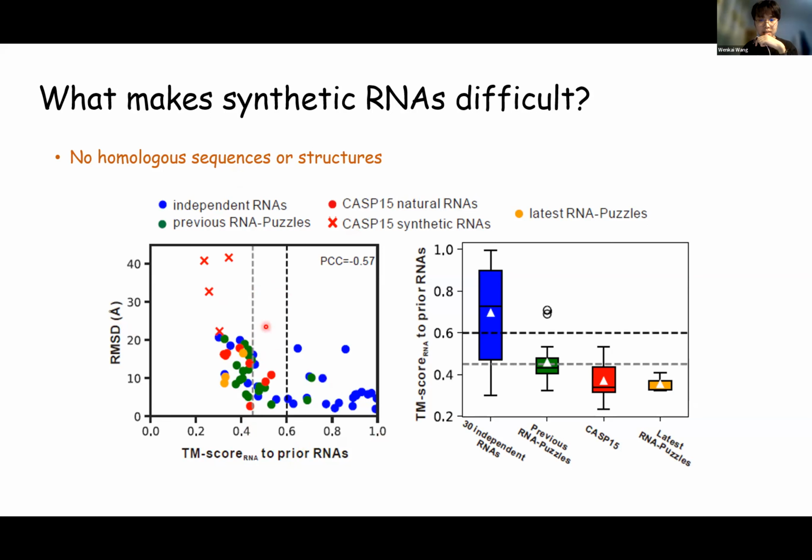This means that our method may perform better on those RNAs that have similar structures in the PDB database. However, the four synthetic RNAs exhibit the lowest level of structural similarity to known RNAs. This partly explains the poor performance of our method on these special targets.